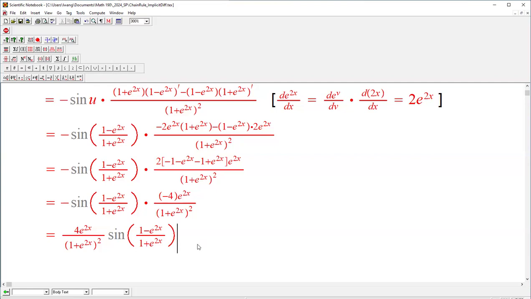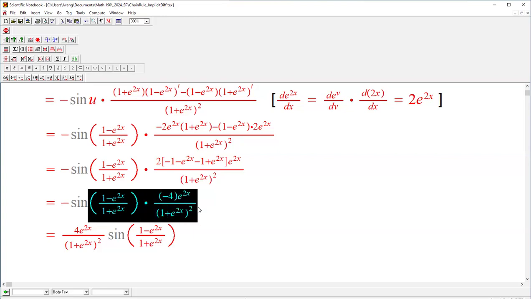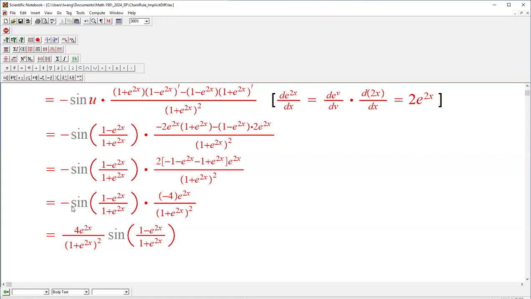But I did see a mistake from the quiz. In here, this part cannot be combined with this. You cannot do this, okay? Because this parentheses has to be the input for sine.